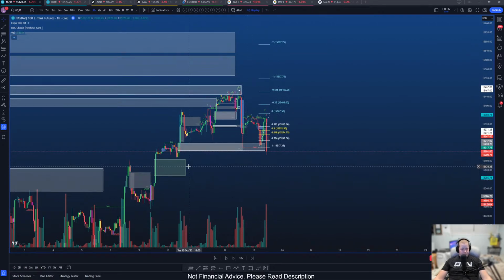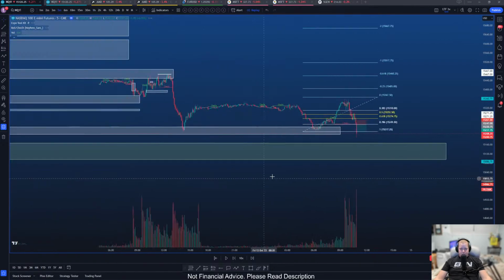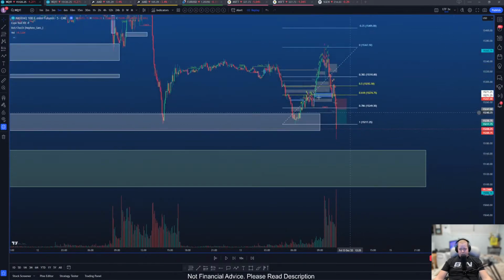So here's a 1 hour PD array. I'm thinking that we'll react here before we decide what we're doing. Here's a gap from Friday close to Sunday. Might also react at that point, but I'll mark that there with the 1 hour fair value gap, and we'll see how price reacts to it.